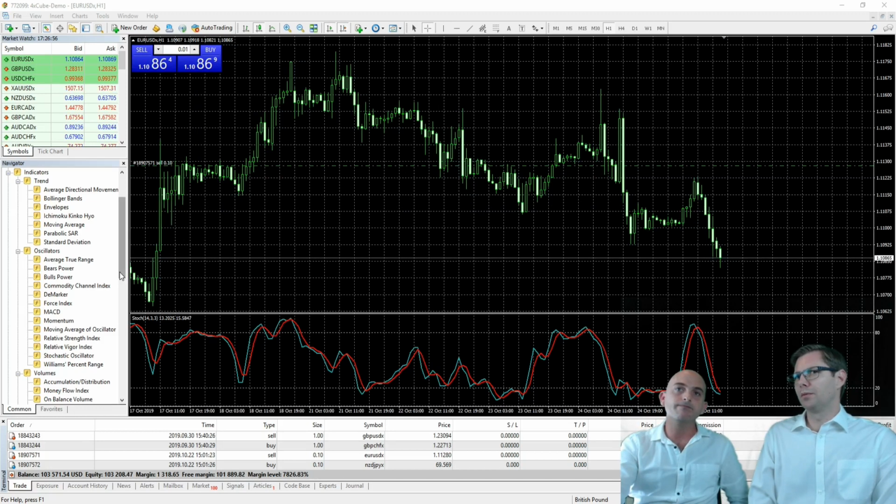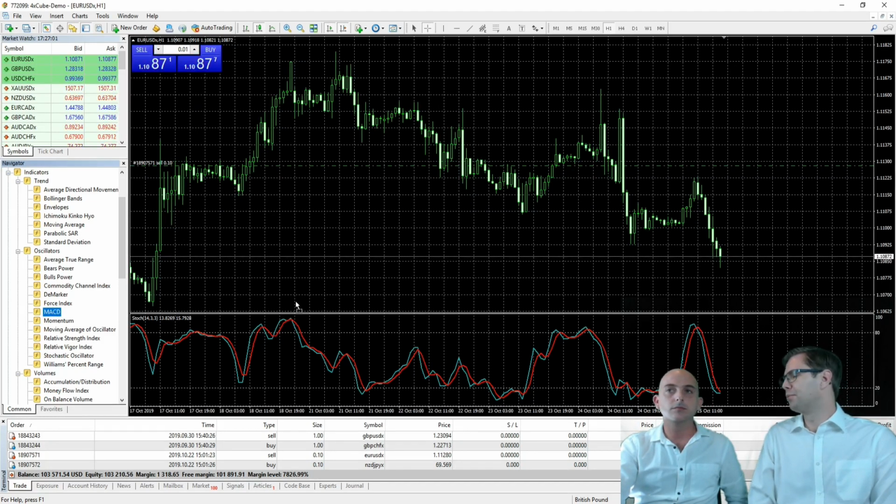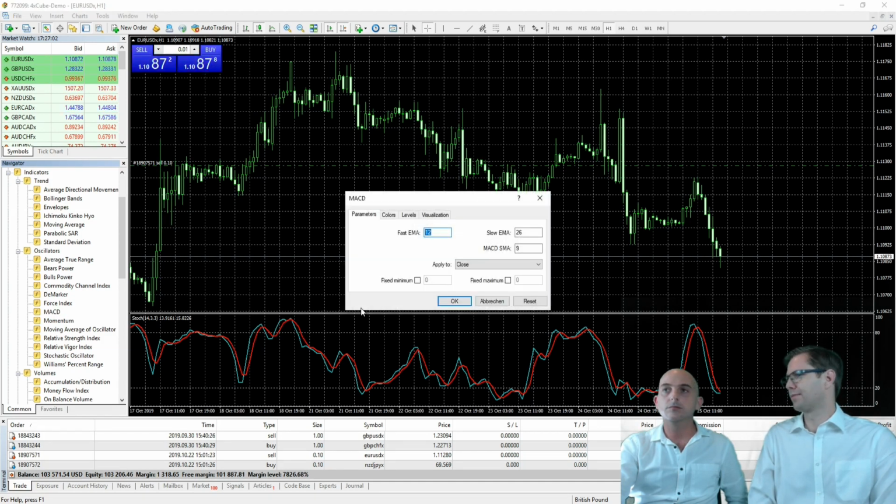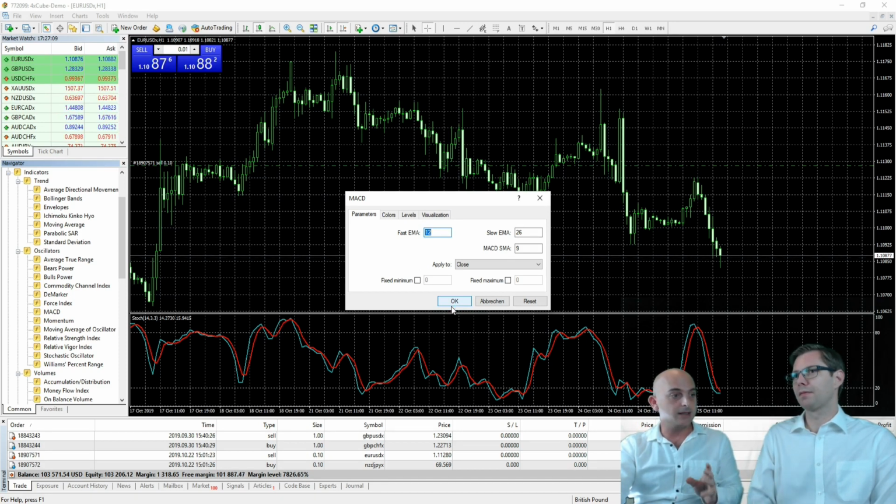So we're going to move on to moving average convergence and divergence next, or MACDs as they're commonly known. First question, what is the difference between the other moving averages? Well, MACD is a calculation of a 26 period moving average minus a 12 period moving average, which is what gives you the MACD.